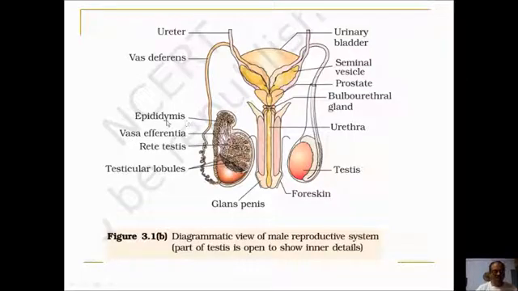These vasa efferentia then get compact and form the epididymis. This whole tube then finally moves to the vas deferens, which is arranged from both the testes, and there is addition of secretions from the seminal vesicle, prostate, and bulbourethral gland.